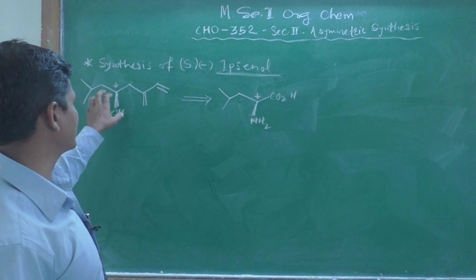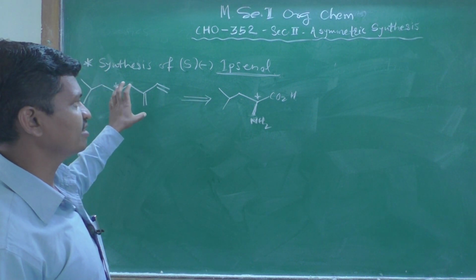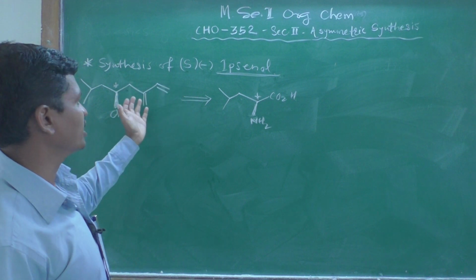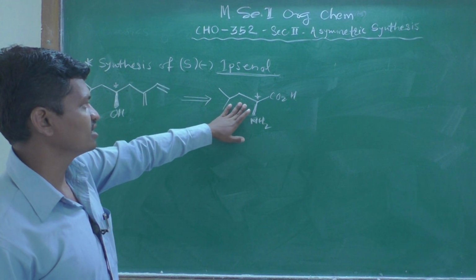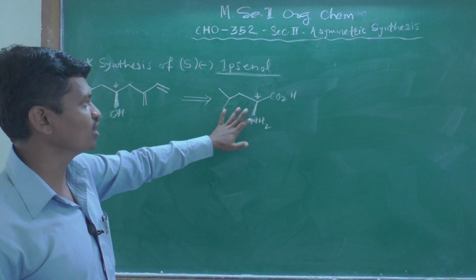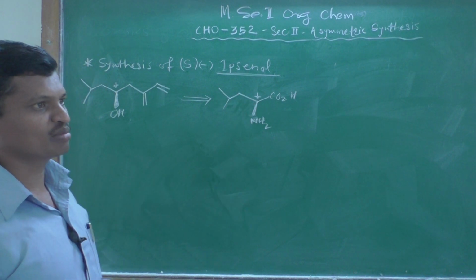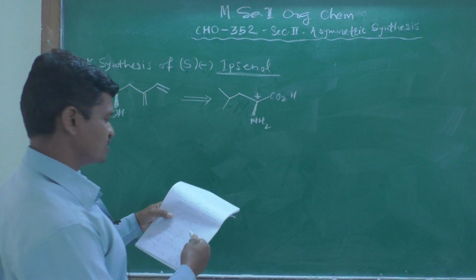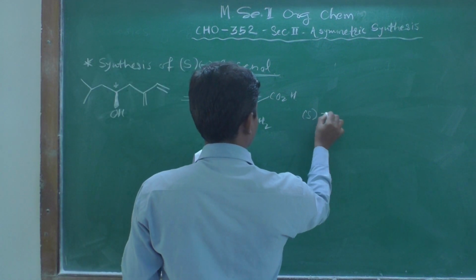So that's why the stereochemistry of this product is retained, because we can use the naturally occurring enantiomerically pure amino acid, and the name of this amino acid is S-leucine.